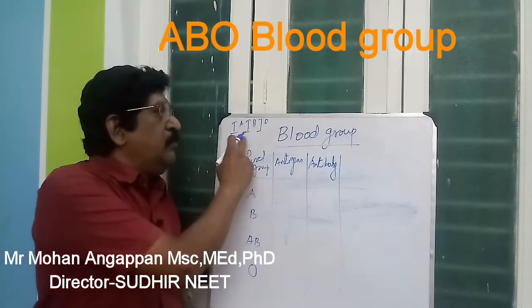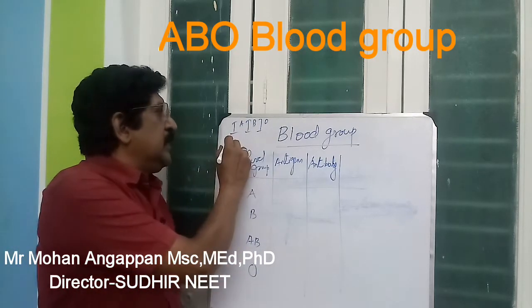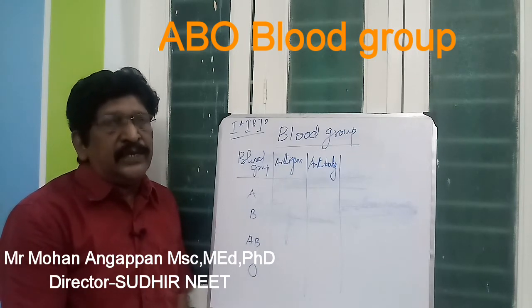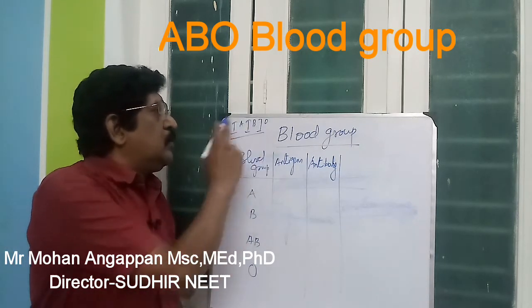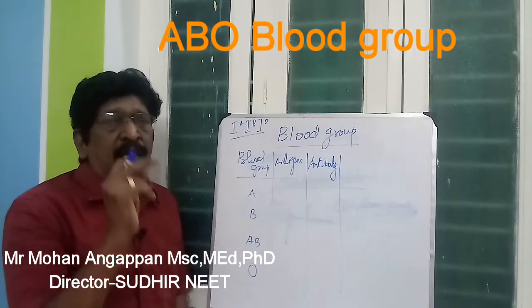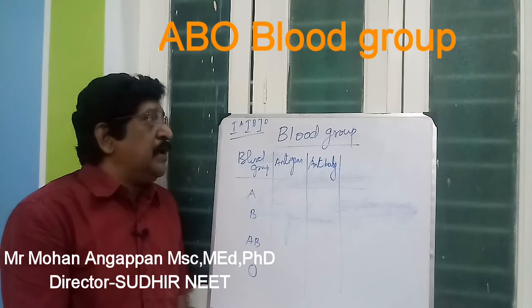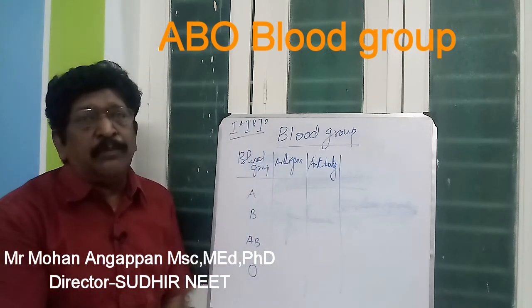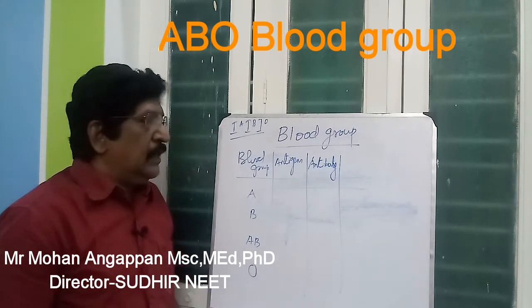So this is an example for codominance. Here there are three genes, IA, IB and IO. So there are more than two genes located in a locus, IA, IB and IO. So this blood group is an example for multiple alleles. So this concept you must understand.